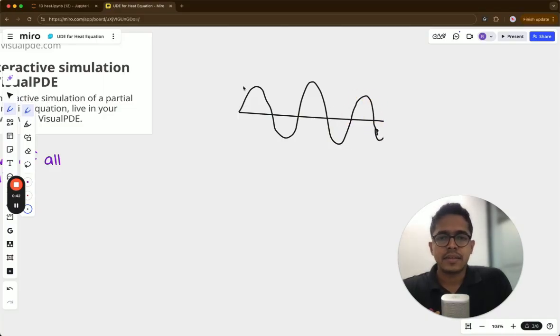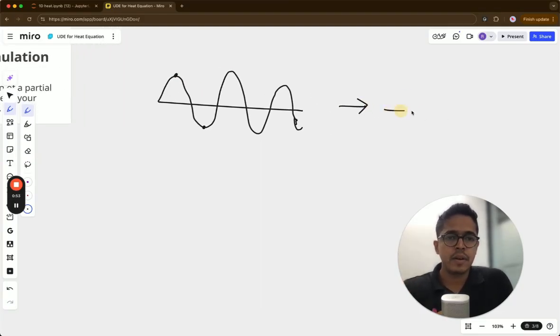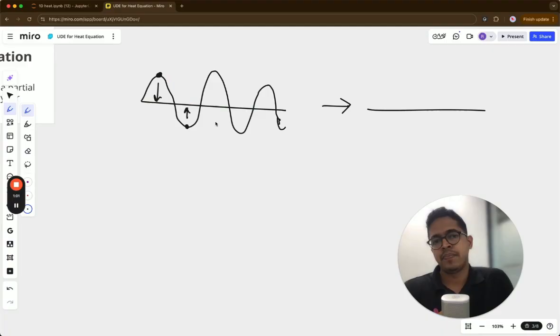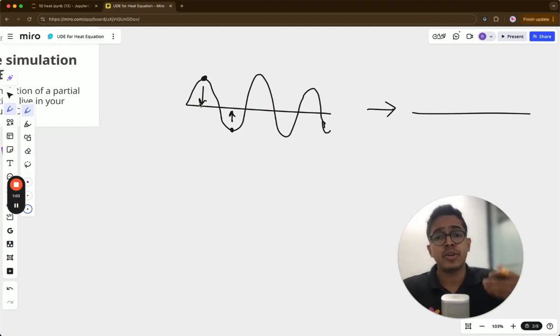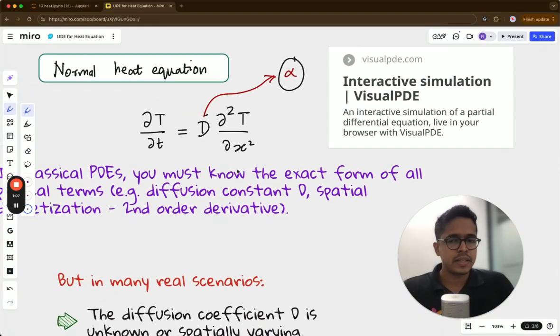This part is hotter, this part is colder. And if this is the average temperature of this sine wave, then the equilibrium after infinite time will be something like this. The temperature will equilibrate such that the hotter regions become colder and colder regions become hotter. And this evolution over time and space is described by this partial differential equation.